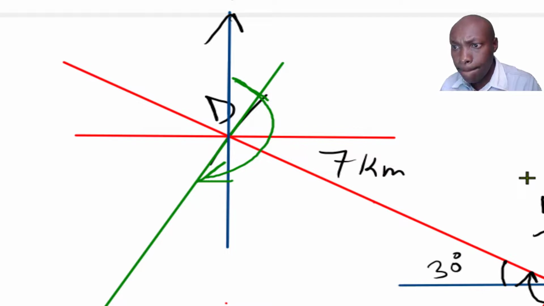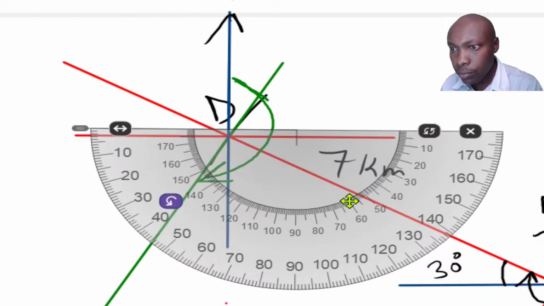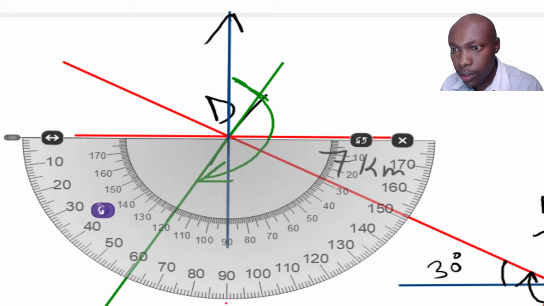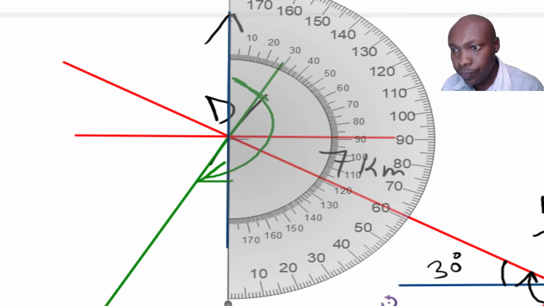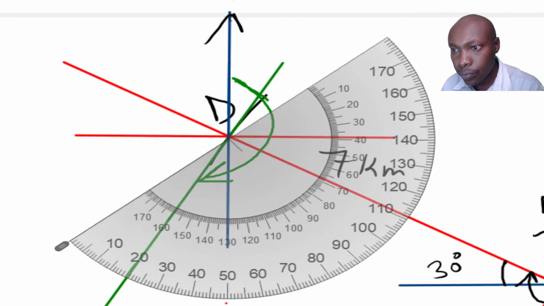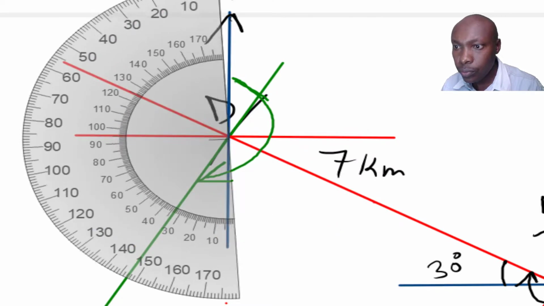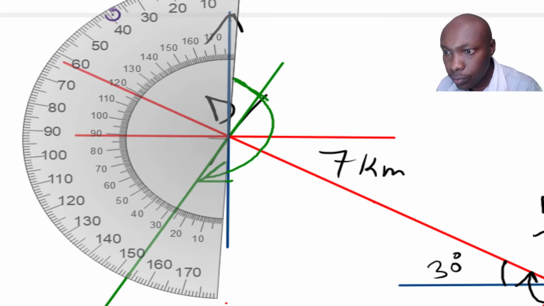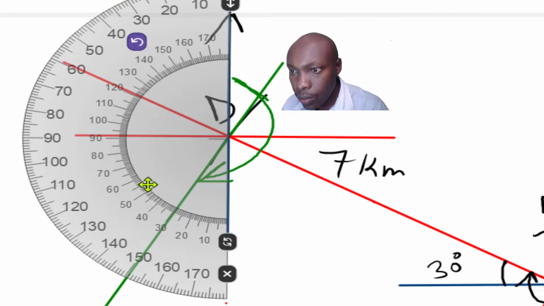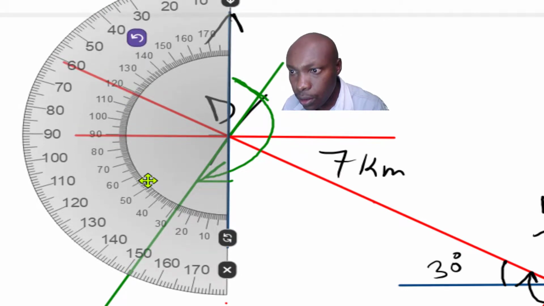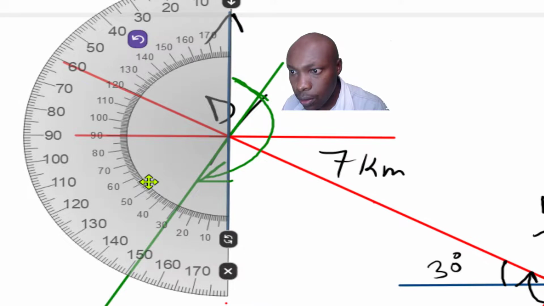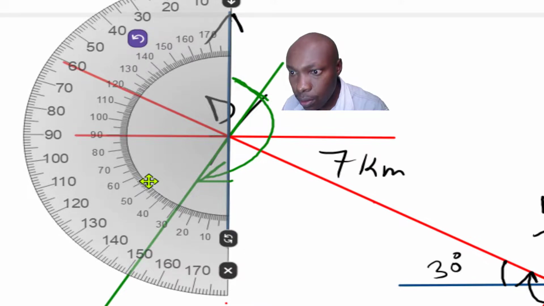So the angle that we need to measure here in this case is this angle that is here. This angle, because as you can see, this is giving around 29.